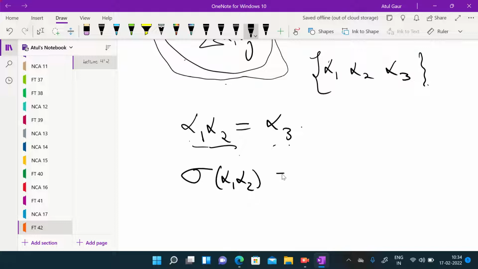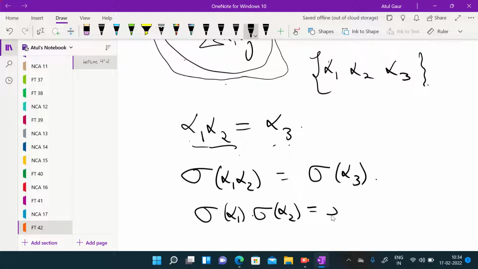Sigma of alpha 1 alpha 2, this should be sigma of alpha 3. That means sigma alpha 1 into sigma alpha 2, this should be sigma alpha 3, that has to respect this, right?